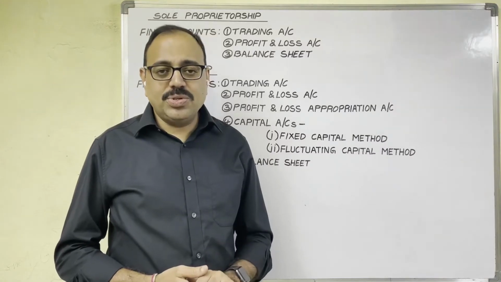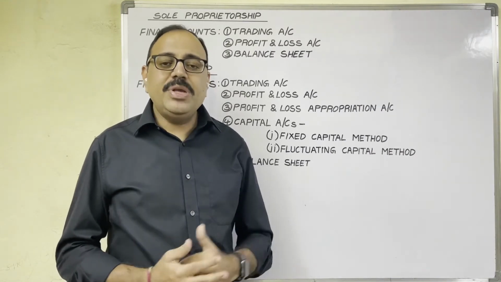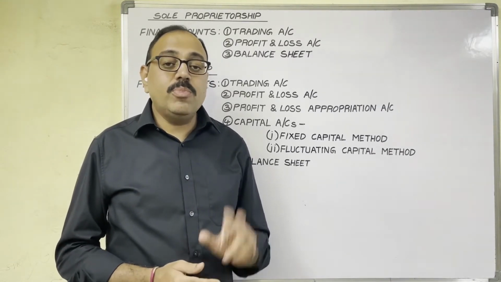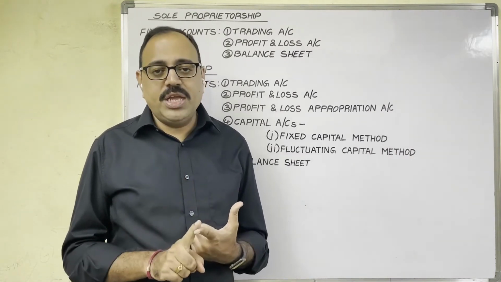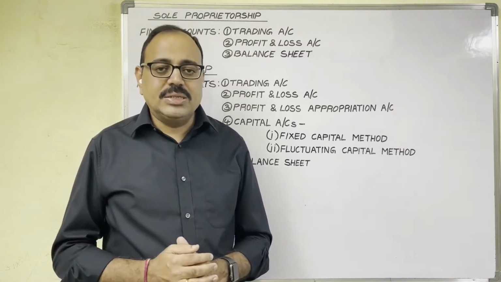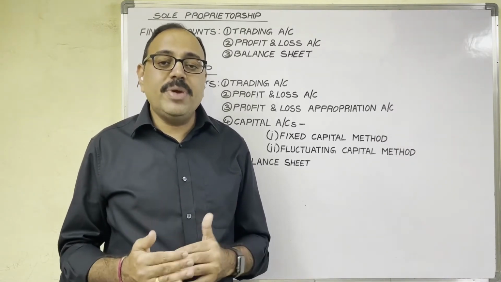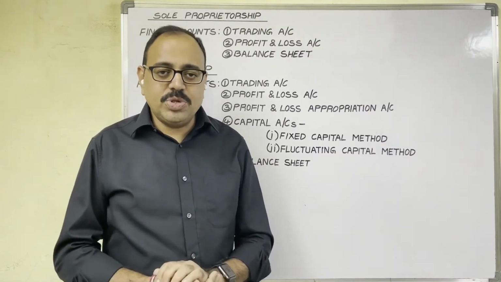Before starting the solution, let us see the introduction of partnership accounts. Every businessman is interested to know about two things: financial position and profitability. As per the accounting period concept, financial statements, nothing but final accounts, are prepared once in a year to know about this profitability and financial position.